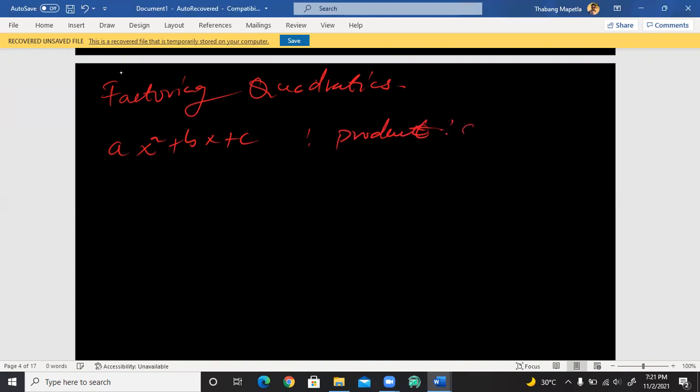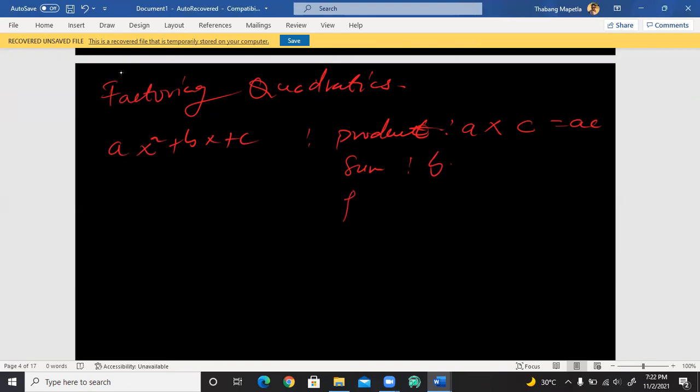Product is always formed by the coefficient of x squared, or the coefficient of the variable that is being squared, that is a, times the constant term, which is always c. So our product is ac, right? And then the sum. The sum is always going to be the coefficient of the term which has a variable to the power 1, which is x in this case. So sum will be b.